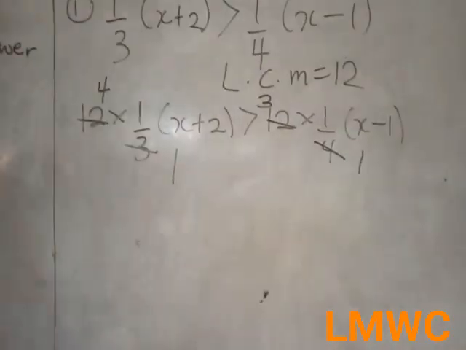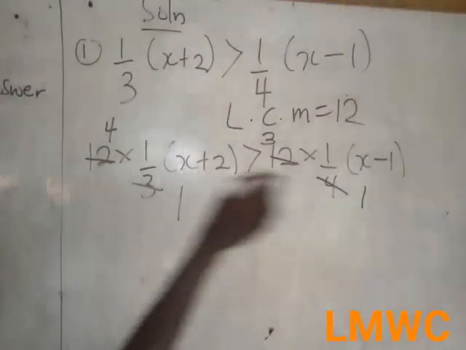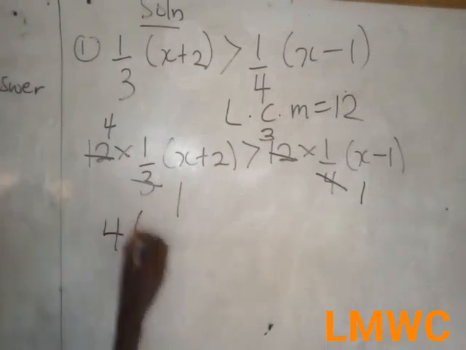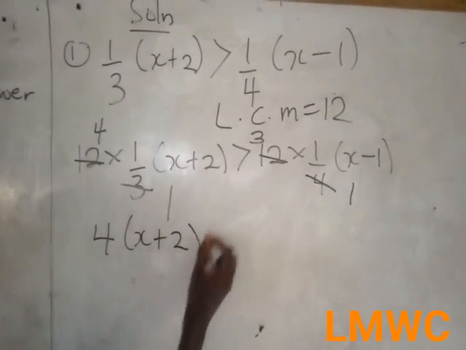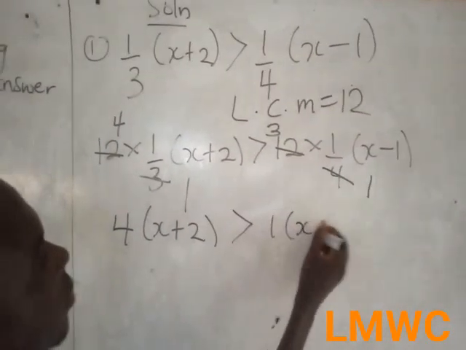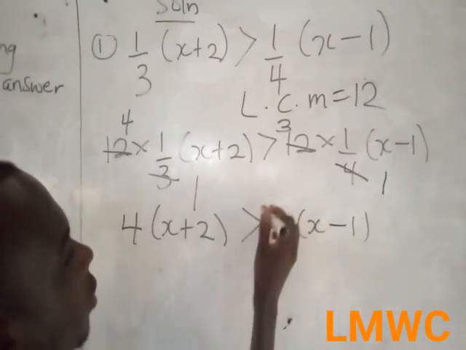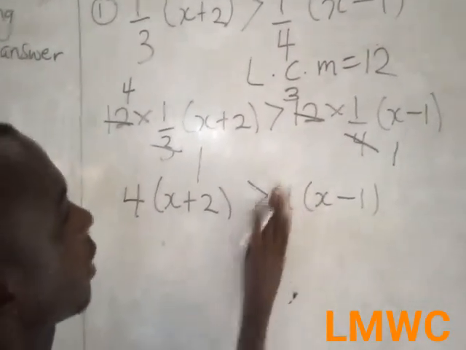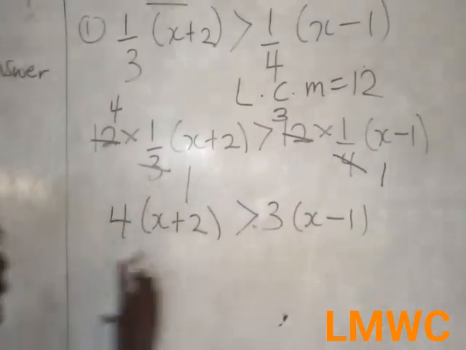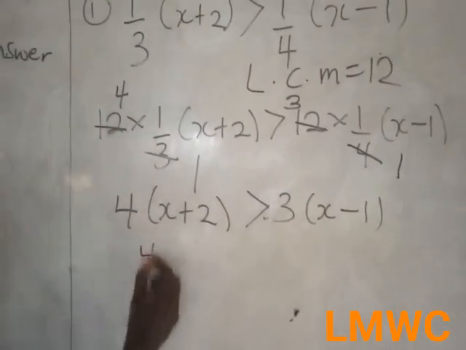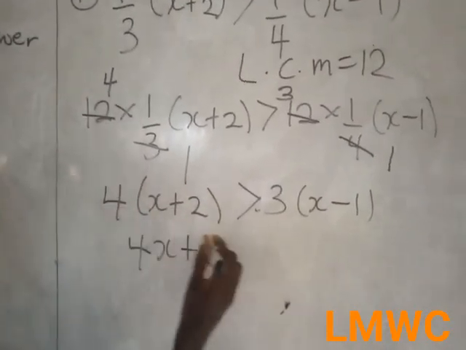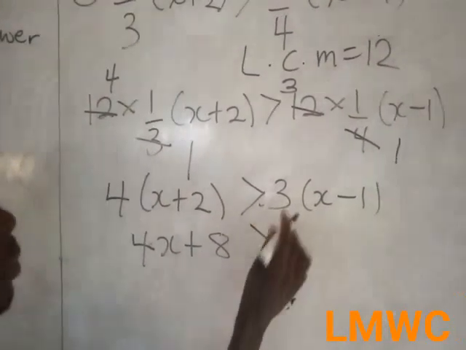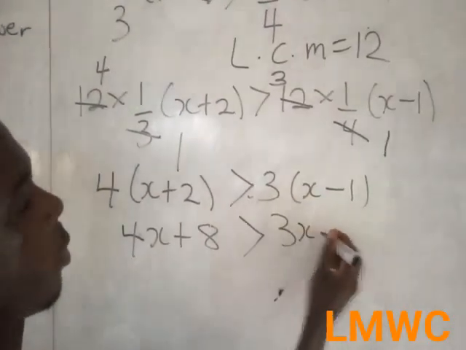So you see we've eliminated the fraction here. It becomes 4(x plus 2) greater than 3(x minus 1). So 4 times x is 4x plus 4 times 2, 8, greater than 3x minus 3.